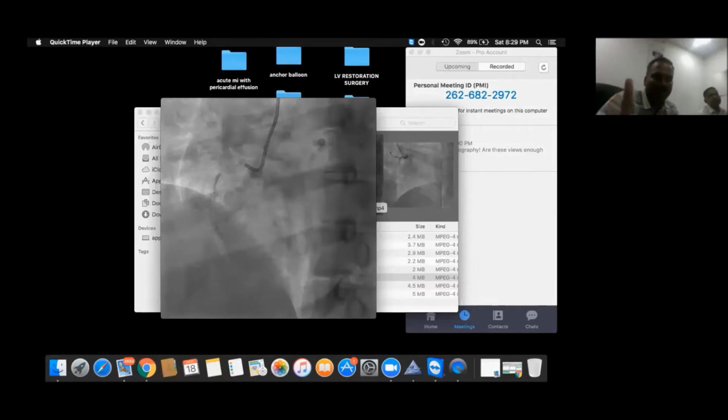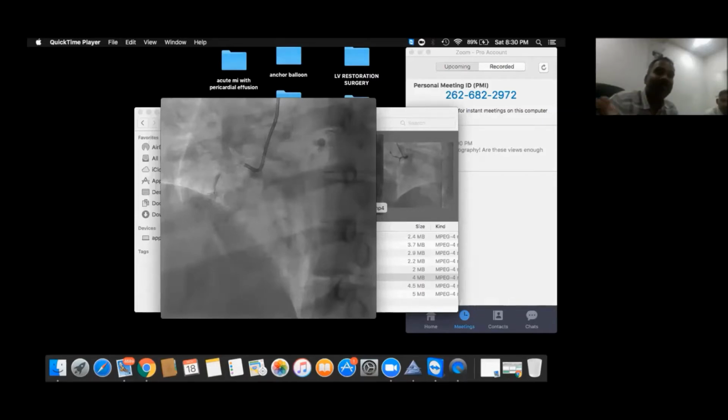So what you have to do is take RAO cranial, plain RAO, and RAO caudal injections of the left system, and better in 30 frames with a long injection, just to visualize collaterals.